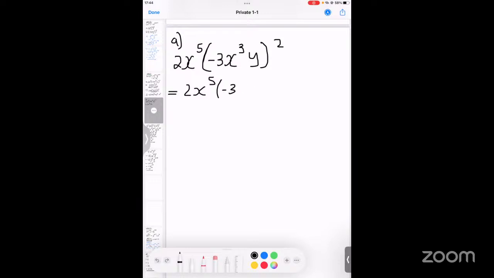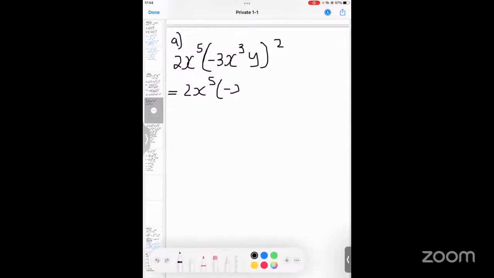Okay, maybe let me do this. Okay, let's start it from here. What am I going to write? Open bracket negative x to the power of 3 times 2. Wait, so I open bracket and I write negative x. No, negative 3x.